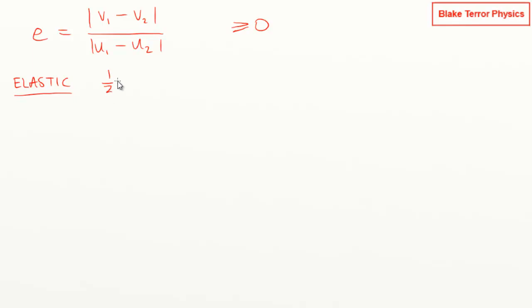So if we're going to have masses m1 and m2 using these values here of u and v for before and after collision, we've got a half m1 u1 squared plus a half m2 u2 squared is equal to a half m1 v1 squared plus a half m2 v2 squared.